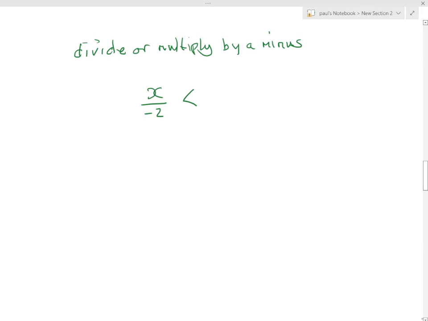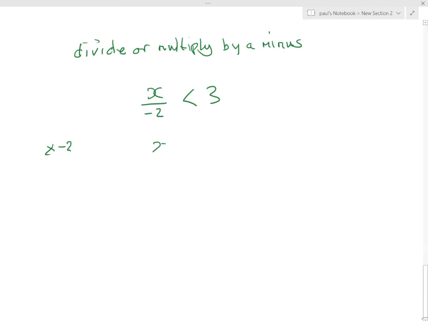So the only thing that you have to worry about is when you divide or multiply by a minus. And I'll show you what happens with that. So if we have x over minus 2 is less than 3, and we need to find out what x is, what we would normally do is we would multiply by minus 2 to get it over there.